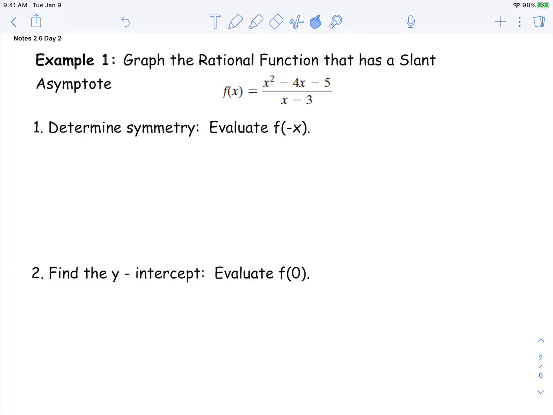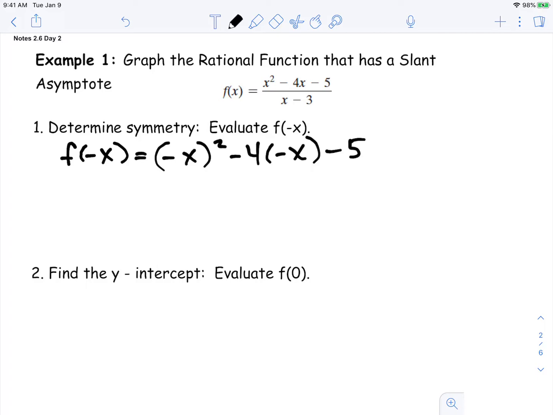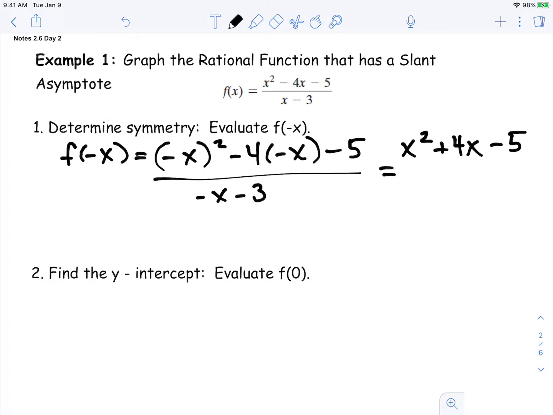All right, here's an example on graphing a rational function that has a slant asymptote. So step one is we're going to go ahead and see if there is some symmetry. Simplify it, we get x squared plus 4x minus 5 over negative x minus 3.